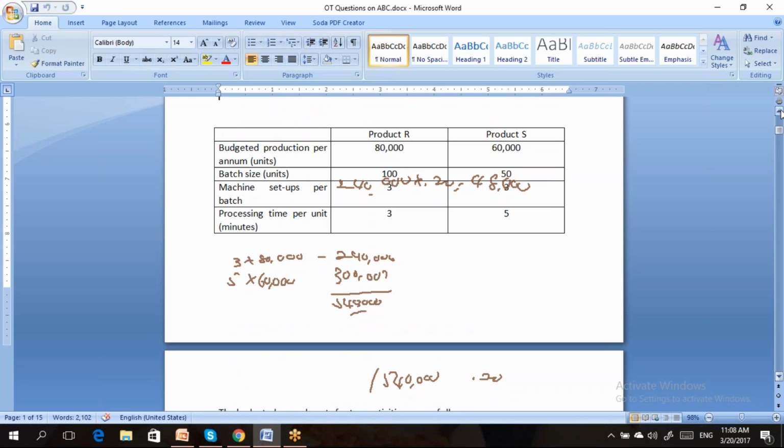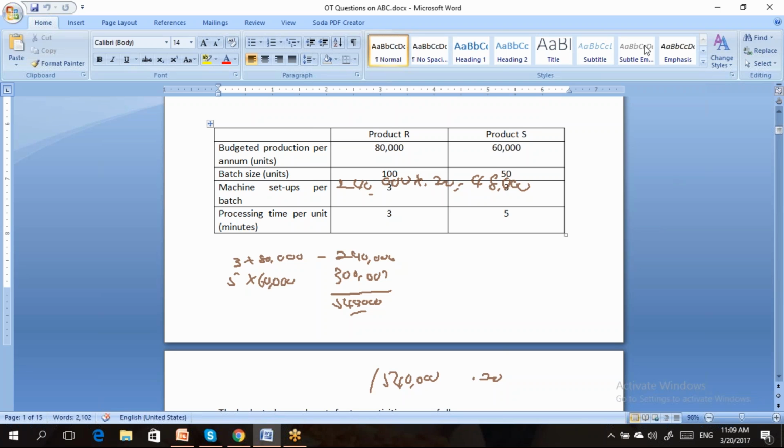So the total cost that you have incurred is 48,000. Total number of units produced is 80,000. So 48,000 divided by 80,000 is the answer for the first part of that question. So it should be 60 cents, I think. Yes, 48,000 divided by 80,000.